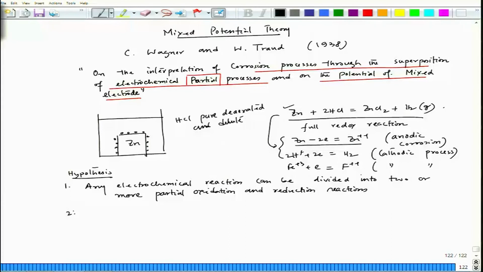This is the first hypothesis from C. Wagner and W. Traud in 1938. This is the hypothesis of mixed potential theory.